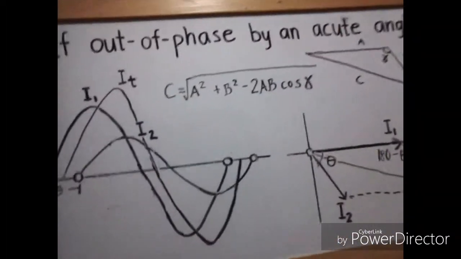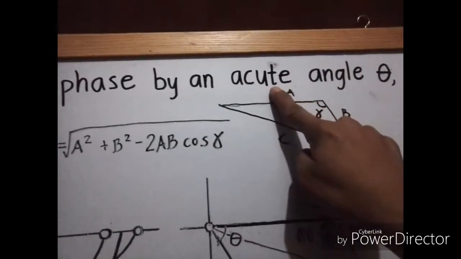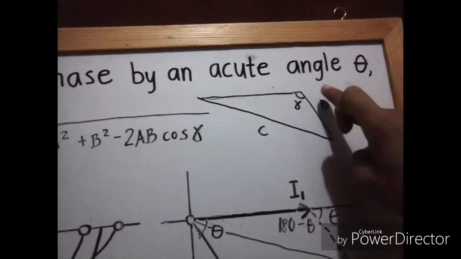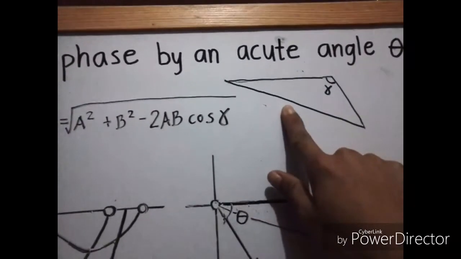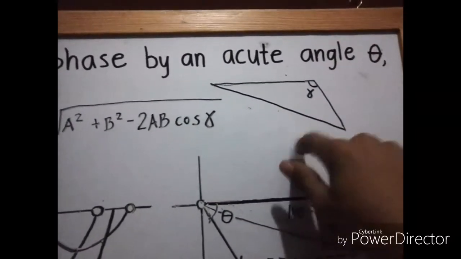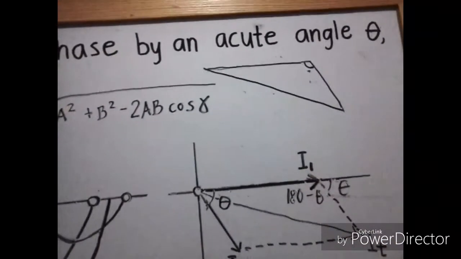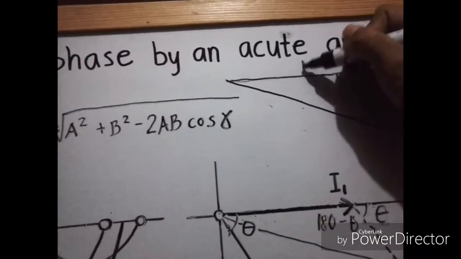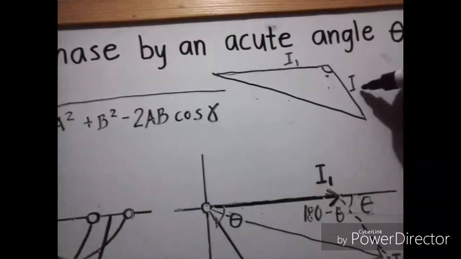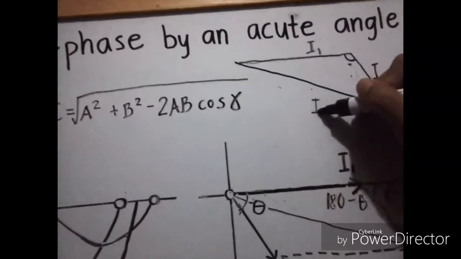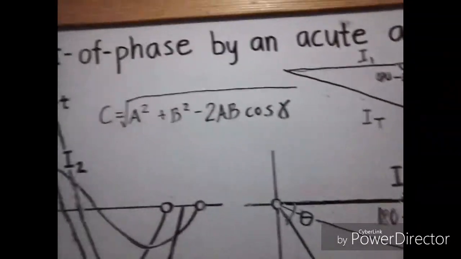So similarly, when this is replaced by I1 and I2, and this will become IT, and this one will become 180 minus theta. Let's put that over here: I1, I2, IT, and 180 minus theta.